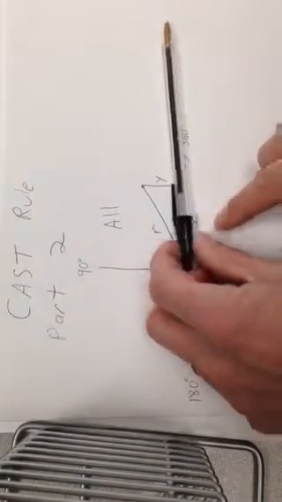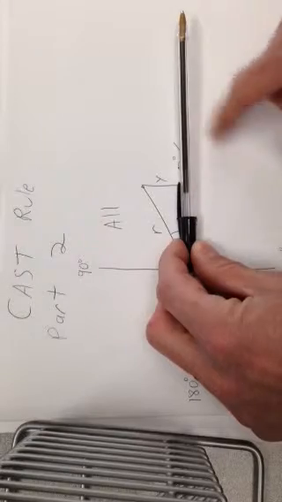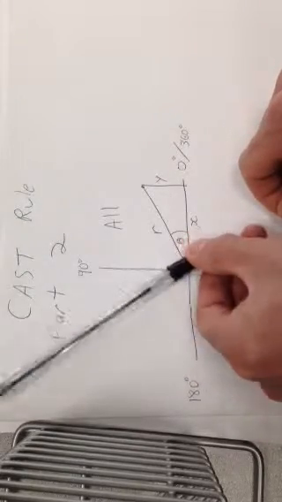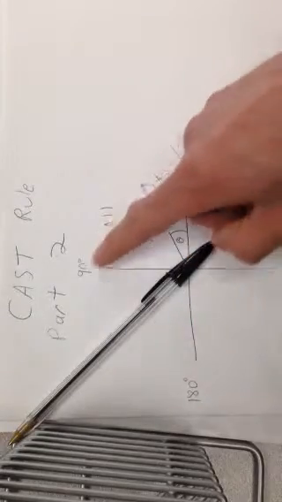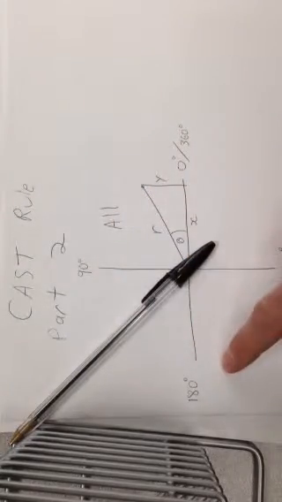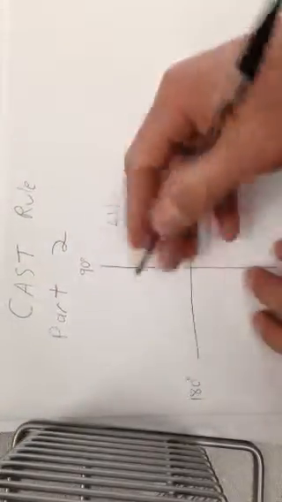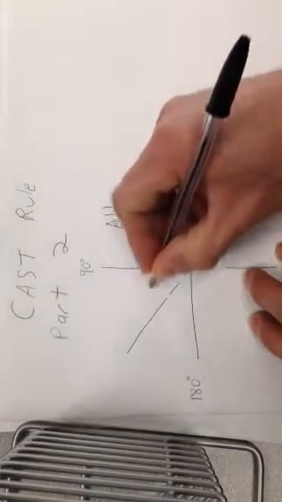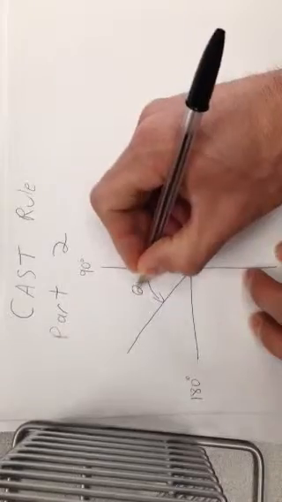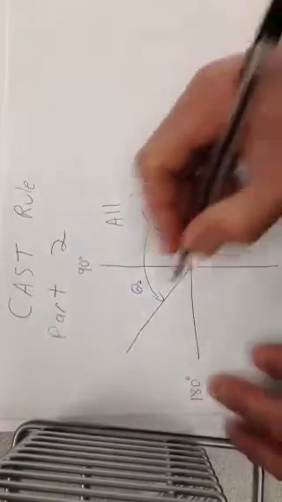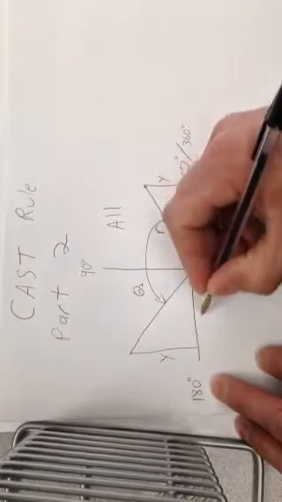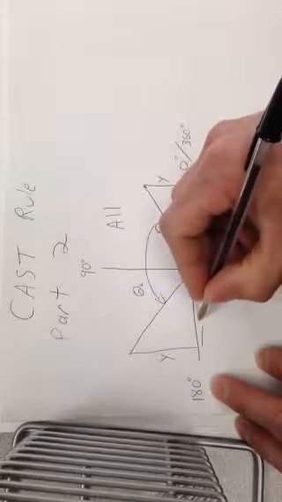Let's now rotate from along the positive x-axis counterclockwise past 90 degrees. So now I'm between 90 degrees and 180 degrees. I'm going to call this angle theta 2. This is my y value, and over here is my new x value.